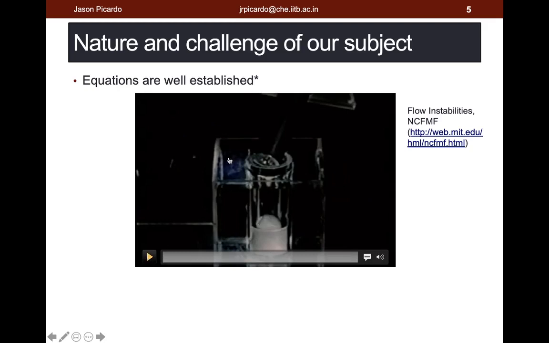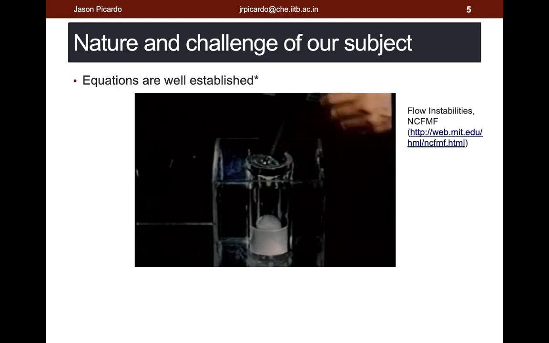What's going to be done is there are two cylinders between which is placed a fluid containing aluminum particles, and the inner cylinder is going to be rotated while the outer one will be held fixed. And what you will see is when the rotation speed is small, the flow will be laminar. You won't see anything particularly interesting. But as the rotation speed increases, the fluid is going to do something remarkable.